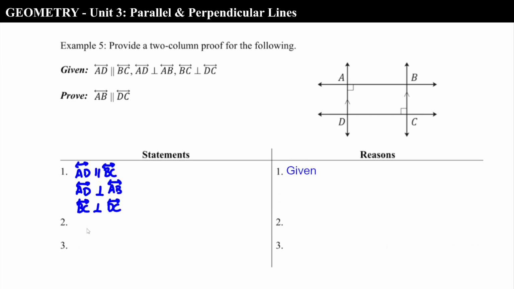All right, let's see what else we have. Well, we know that AD is going to be perpendicular to DC. And we know that because of the perpendicular transversal theorem.